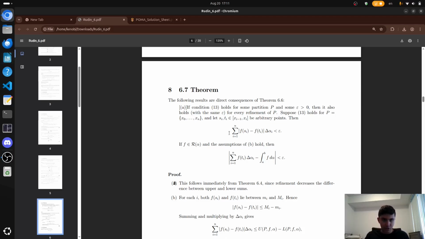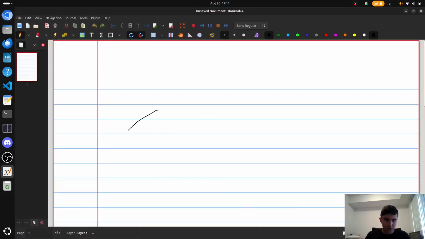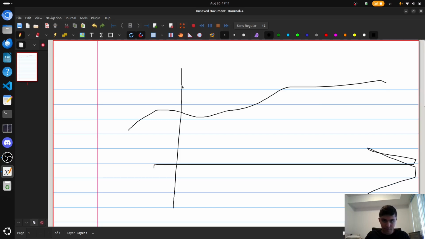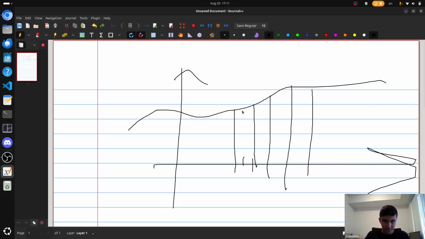And to show this visually, let me just pull up the notebook again. Suppose you have a curve and you have a partition. When you take the si and the ti, you're basically taking this point, let me put it in red, and this point over here.